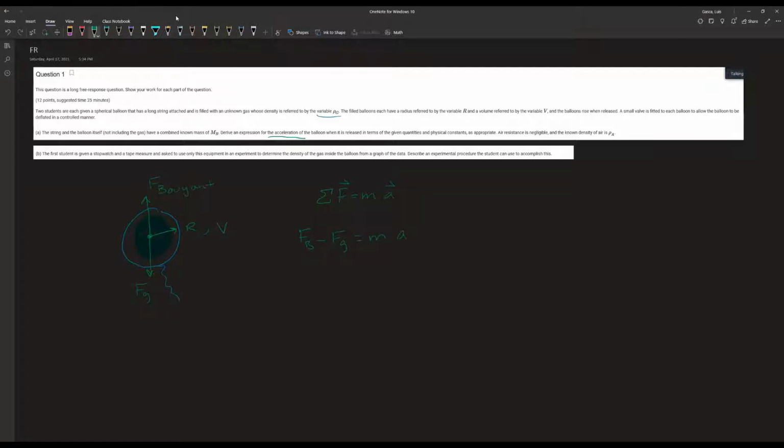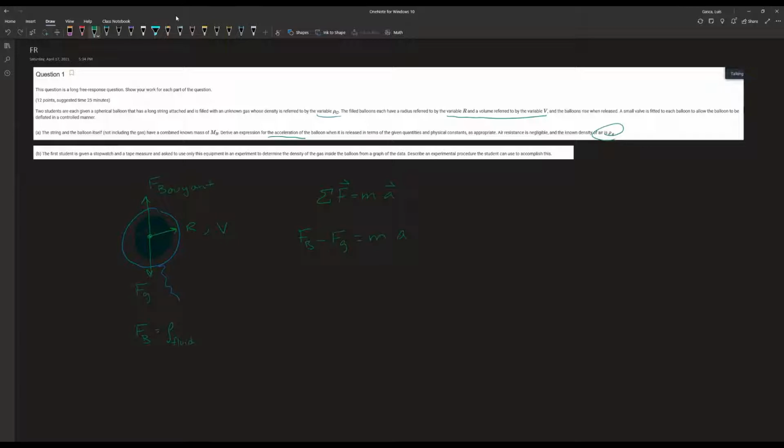We're going to need to expand all of these terms because they want us to talk about these variables in our expression. So we've learned that the buoyant force, which I'm going to call FB from here on out, which can get a little confusing because we have a balloon, but it's really the buoyant force, is given by the density of the fluid some object is in.